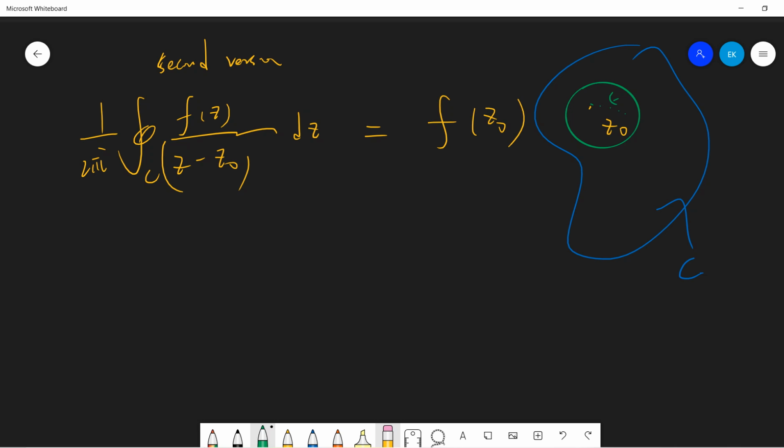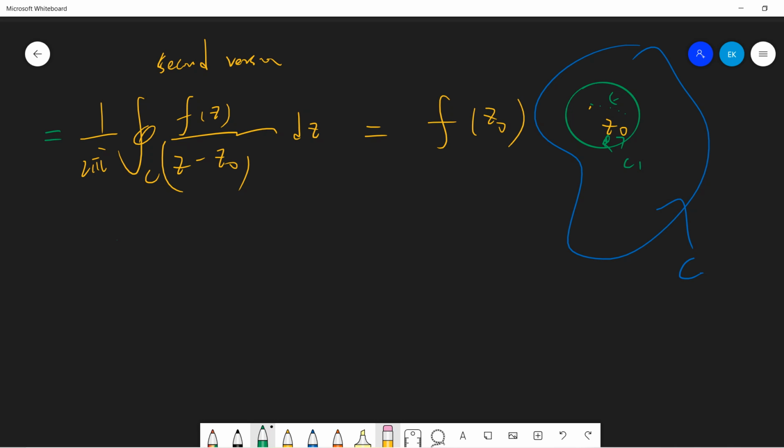So basically, you need to assume that z0 is an interior point of your region. That means you can always choose a small ball, this epsilon ball. Okay, and let's say this is C1.